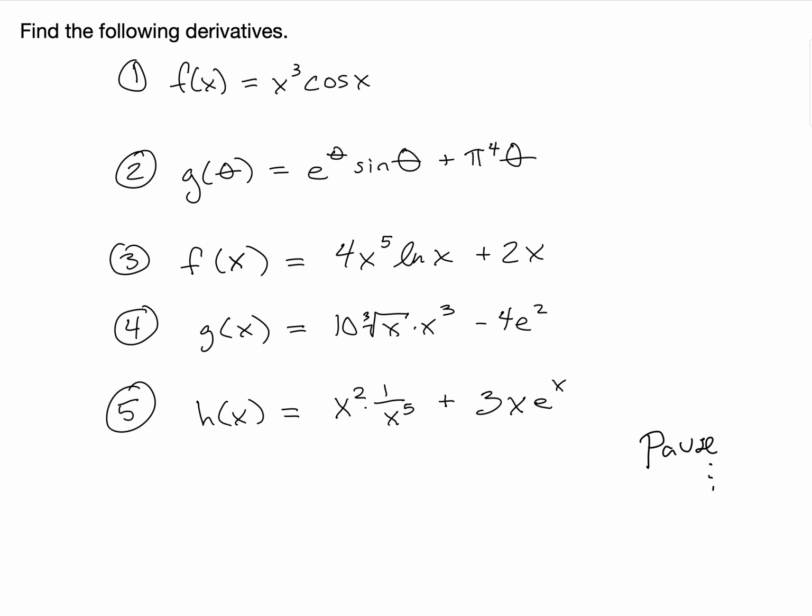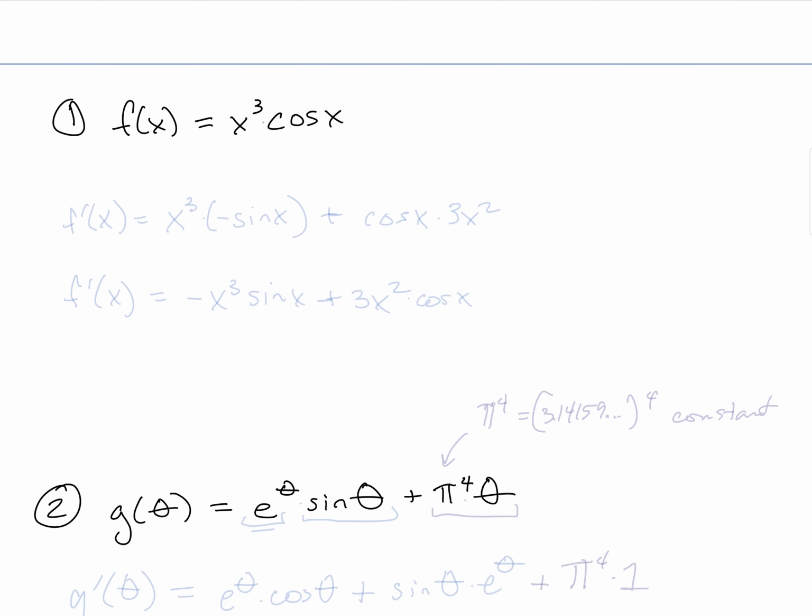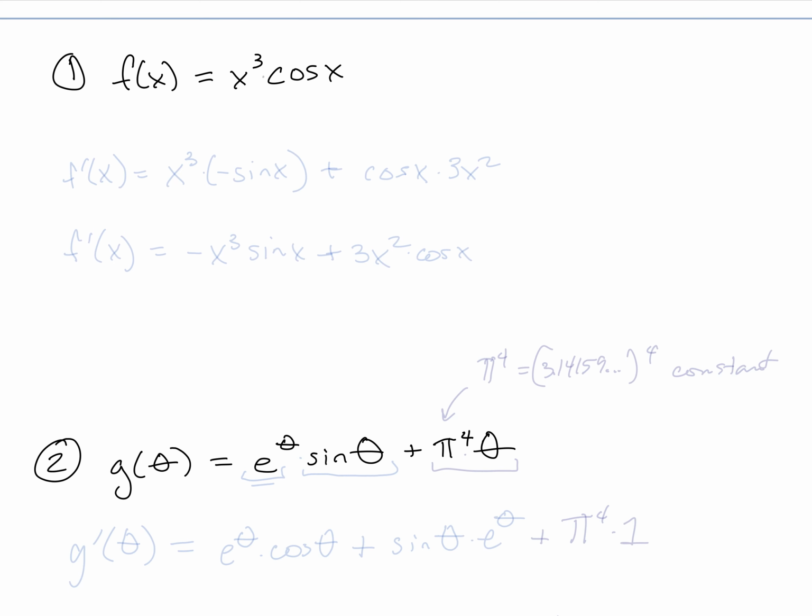Okay, our first example is f of x equals x cubed cosine of x. So there is a product there. Those two things are multiplied together.